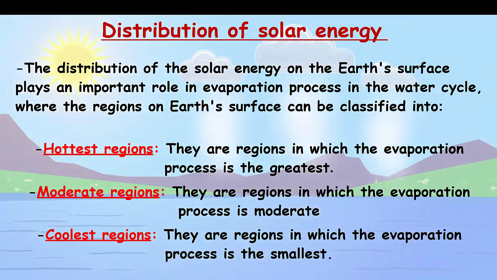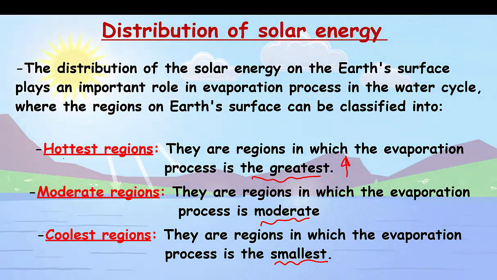They are regions in which the evaporation process is the greatest. So when the temperature is high, the evaporation will be greatest. Moderate regions are regions in which the evaporation is moderate, meaning in the middle. Coldest regions are regions in which the evaporation process is smallest.